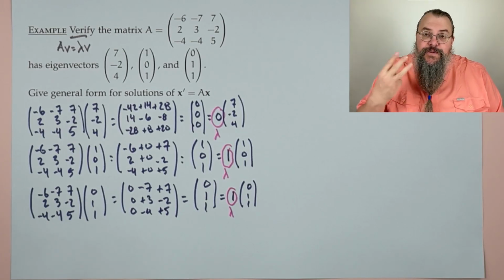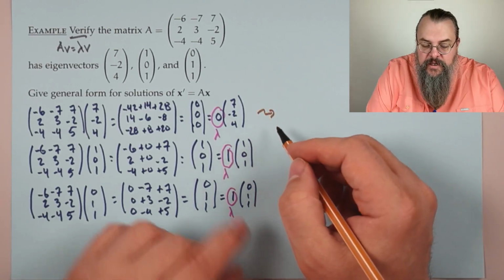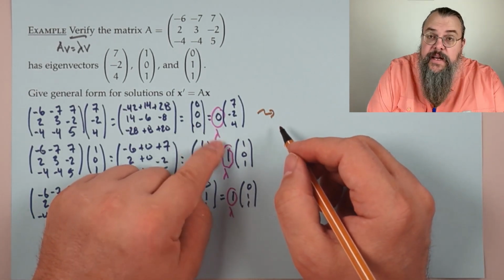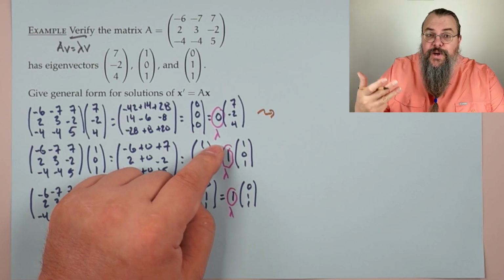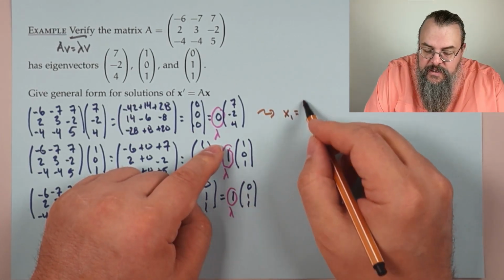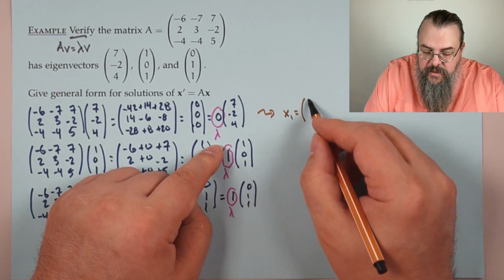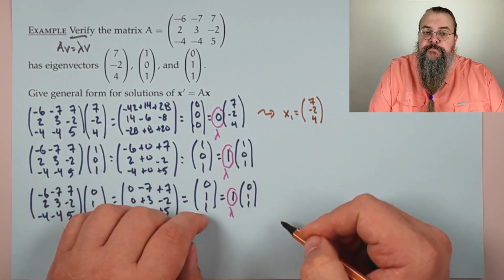Now, what does that tell us? Well, it tells us we have 3 candidate solutions. What are they? Here you'd have e to the eigenvalue t. Now, e to the 0t is just 1, so our first solution, x1, would be simply a constant times 7, minus 2, 4.